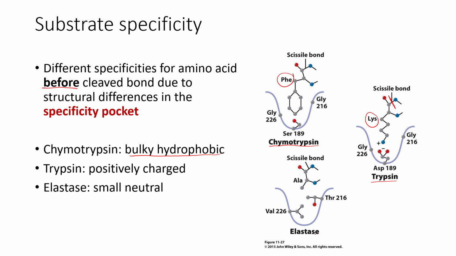And then our last example is elastase. Elastase also has a pretty small specificity pocket, and there are relatively bulky amino acids extending into this pocket as part of the enzyme. The specificity pocket in elastase is selective for small neutral amino acids, such as alanine, which is shown here.